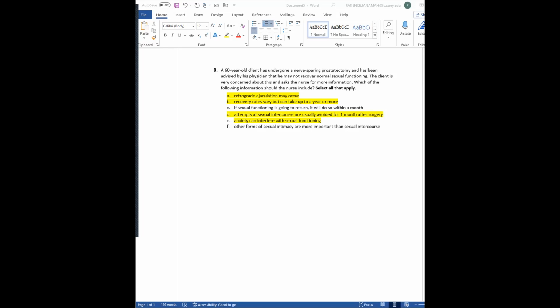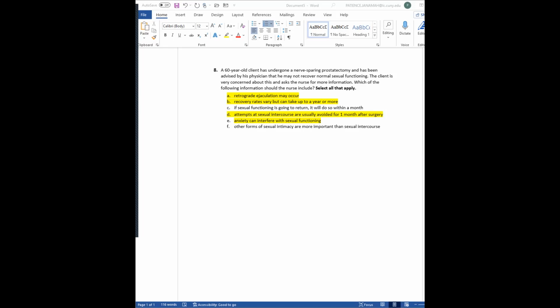Then I have St. John's wort. This is for depression and anxiety. We use that to treat depression and anxiety. So your teaching to the patient is that it will react with selective serotonin reuptake inhibitors, SSRIs.